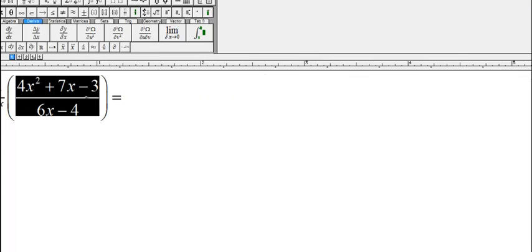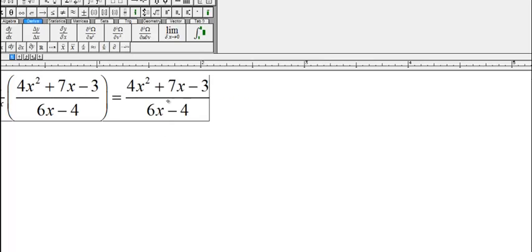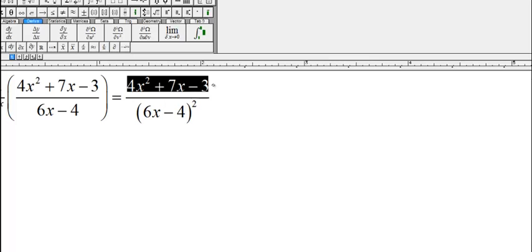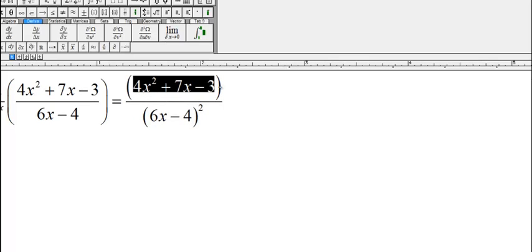So we get a fraction. In the bottom we've got the original bottom squared. Now what do we have?